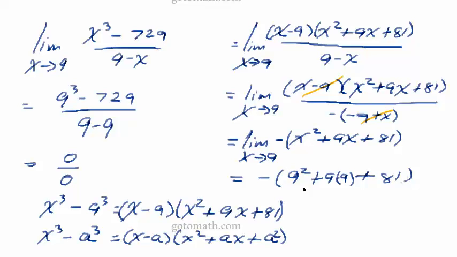That's 81, 81, 81, 3 times 81, and then we have that negative. So this is equal to negative 243 once we do the arithmetic, and I'm going to sneak that in up here.